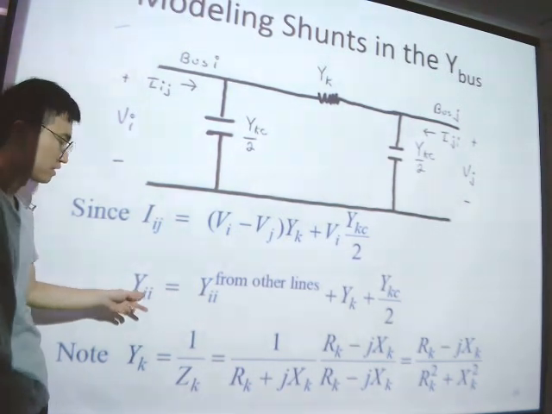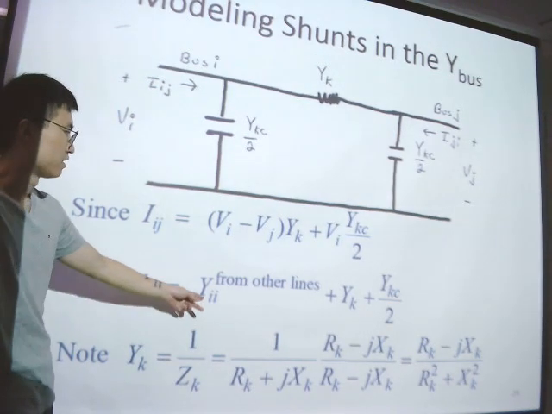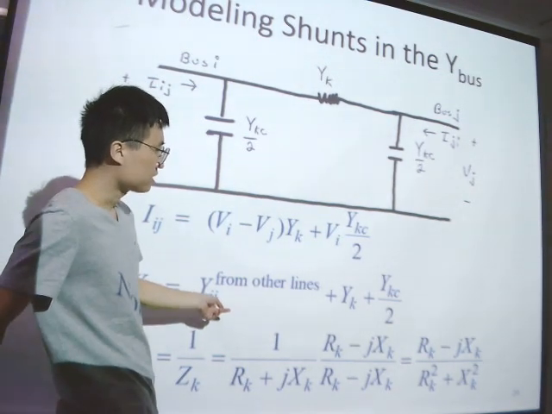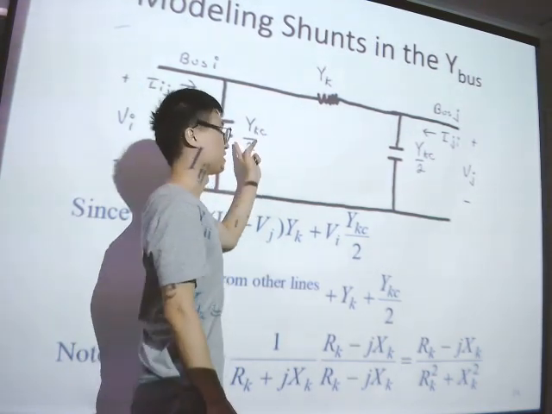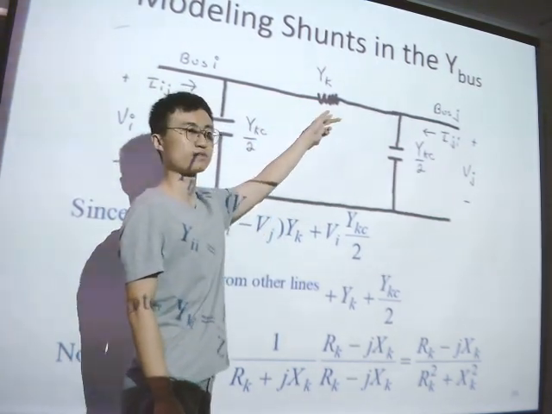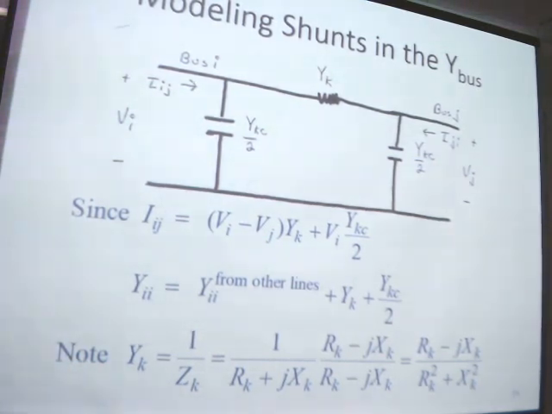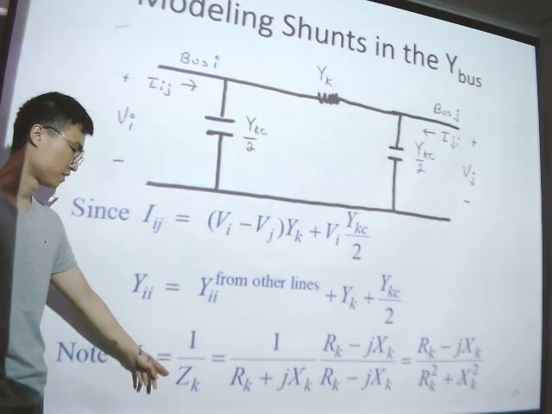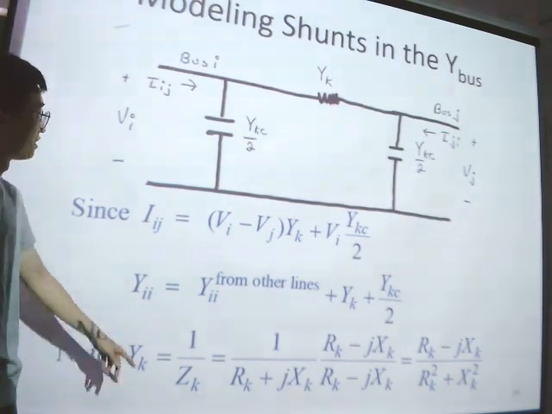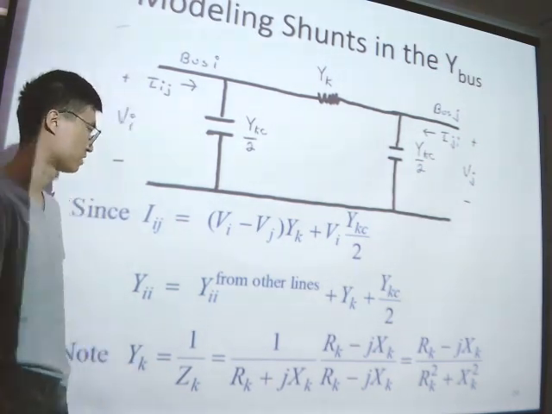For the shunt admittance at bus i, refer to the admittance from the other lines, which is Yk. And so we use the inverse of the impedance here to express Yk.